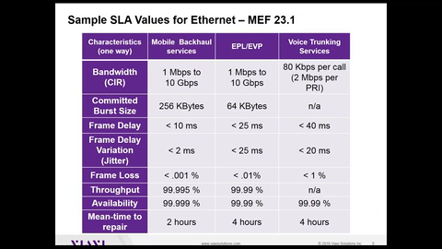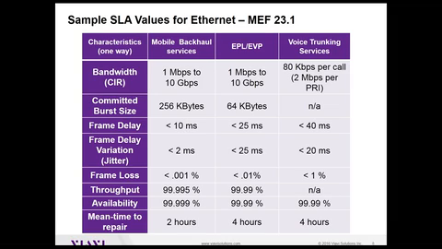Just to give a couple other examples from a service level agreement that have been defined in MEF 23. This is really looking at some different types of services that you might be looking at: mobile backhaul, the EPL or EVPL, voice trunking services.